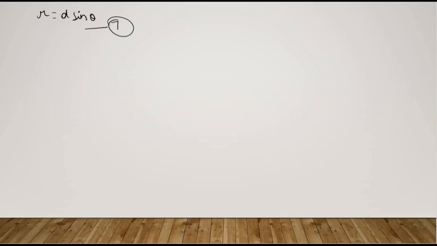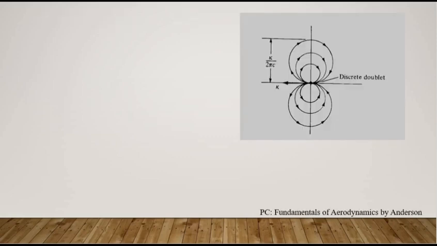Now if I compare these two equations, equation 6 and equation 7, what can I say? That streamlines for a doublet are a family of circles of diameter kappa by 2 pi C. If we have a look at this figure which shows the doublet flow, you can see they are concentric circles.